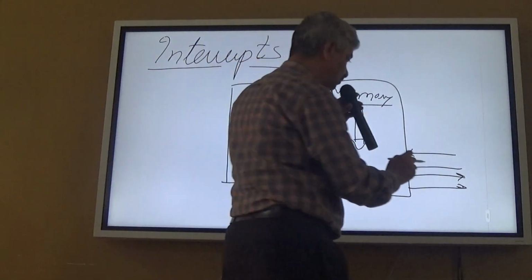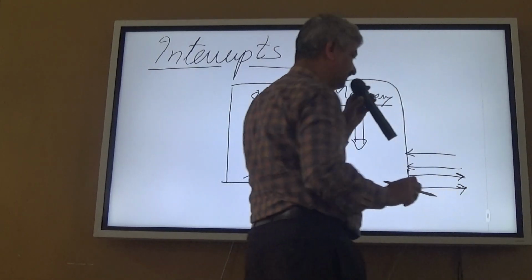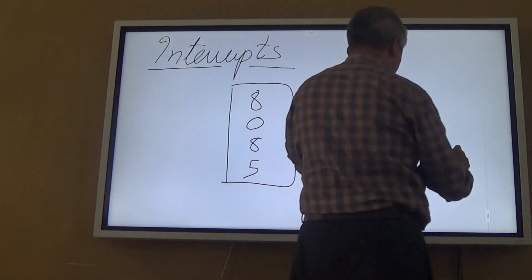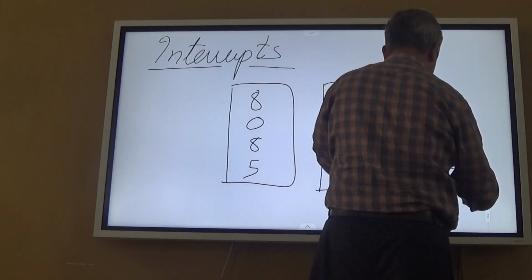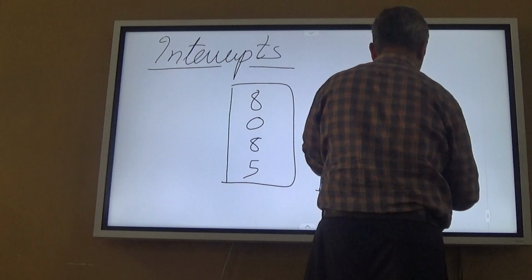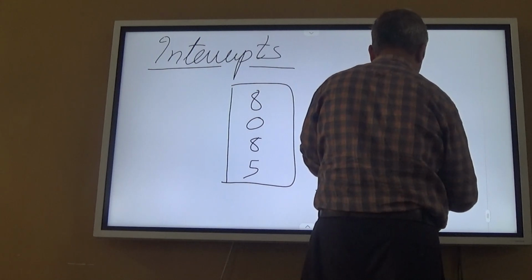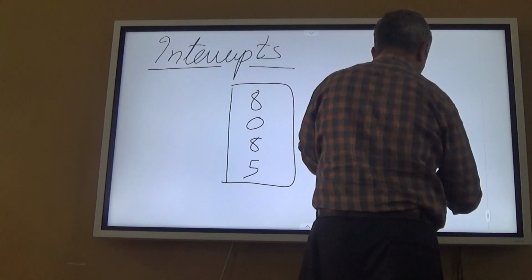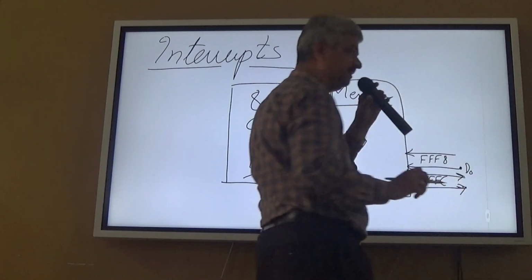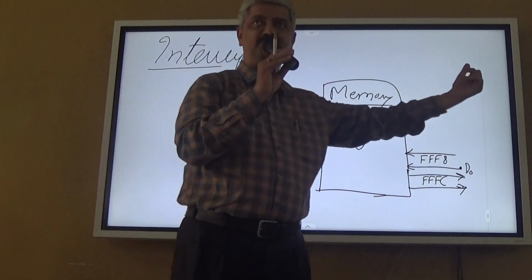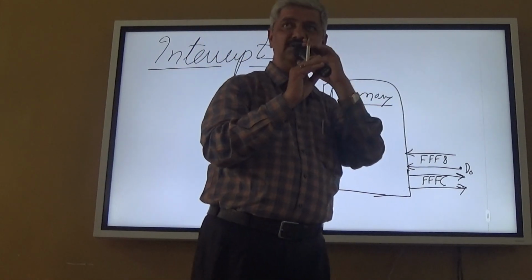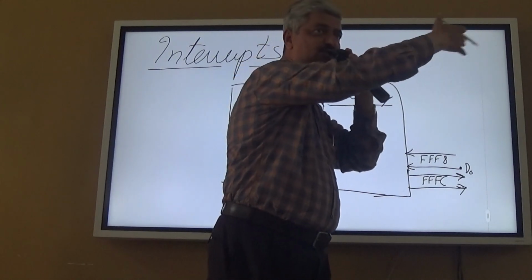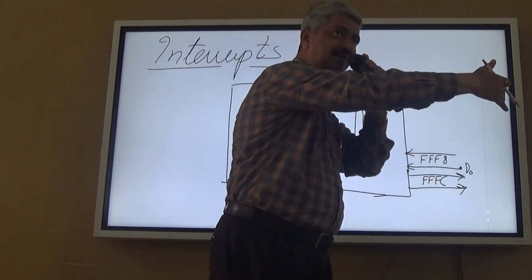So the requirement is that at pin number D0 of my input, let us map the input port at FFF8 and the output port at FFFC. At pin number D0 of the input port, something is mapped which was 0 till now and it becomes 1.